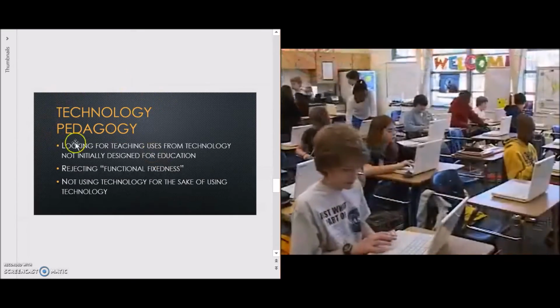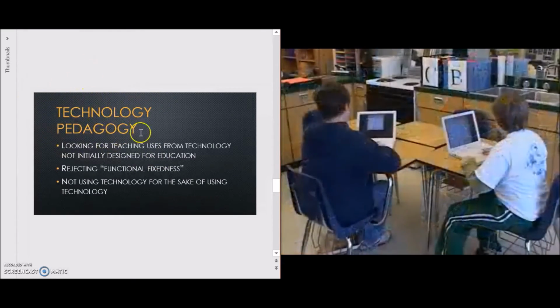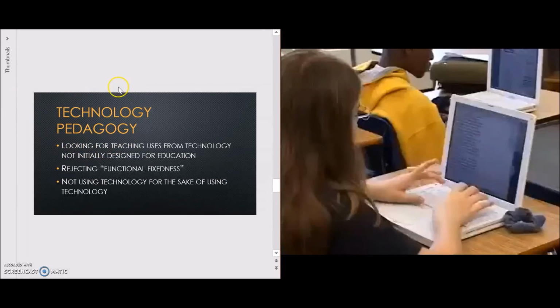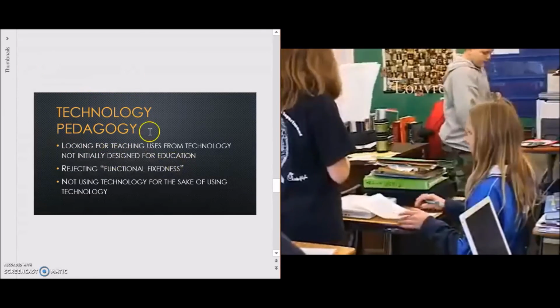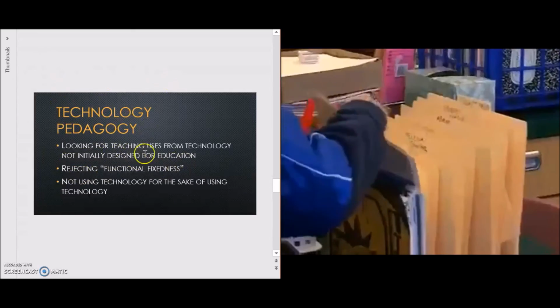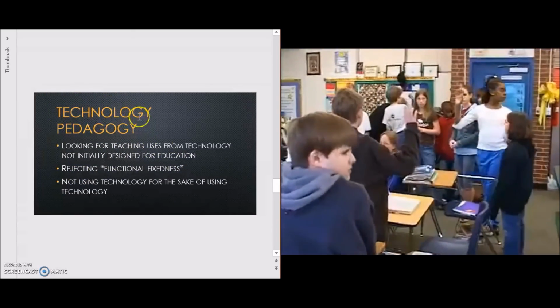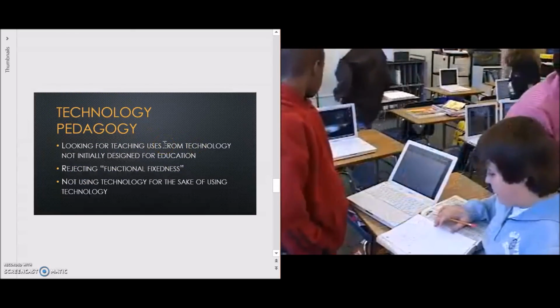This is where I think that the SAMR model really comes into play. SAMR is another integration model, but I think that's where it really fits, knowing what technology is good for what instructional activity.